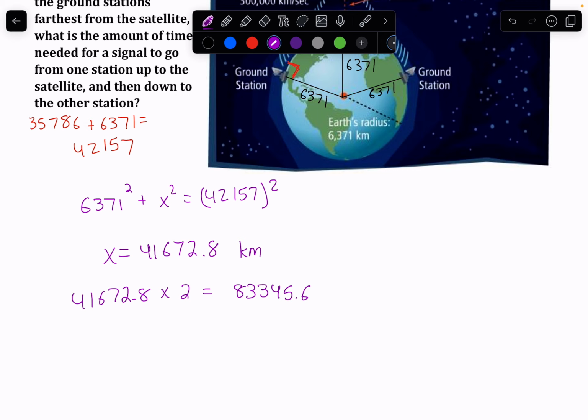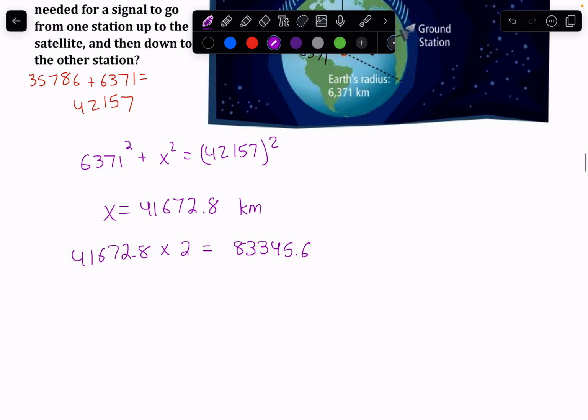To figure out how long it will take, right, speed equals distance divided by time, and so time equals distance divided by speed. So we can take our distance, 83,345.6 kilometers. Divide that by our speed of radio waves, which is 300,000 kilometers per second.